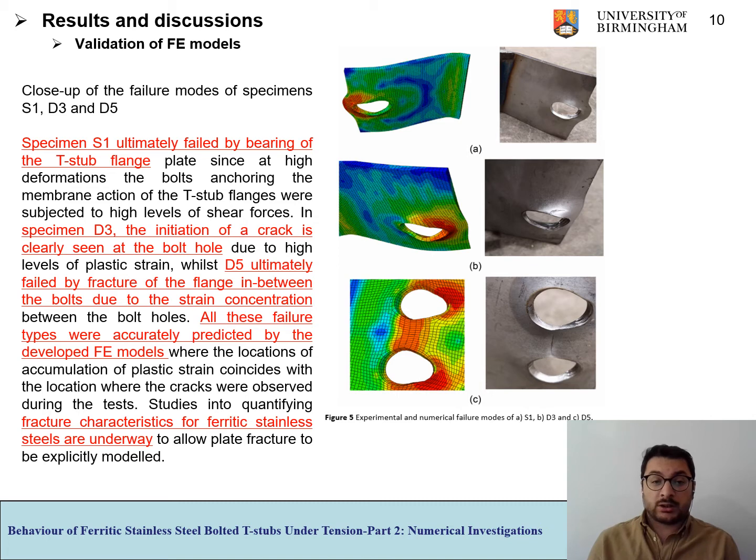And all the failure types were accurately predicted by the developed finite element models, where the locations of the accumulation of plastic strain coincide with the locations where the cracks were observed during the tests. Studies into quantifying fracture characteristics for ferritic stainless steels are currently underway to allow plate fracture to be explicitly modeled.